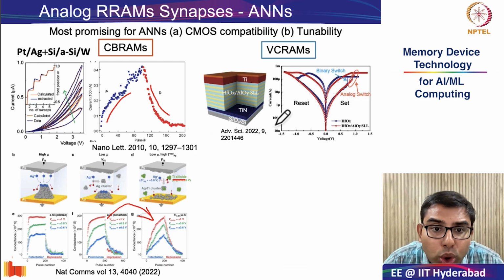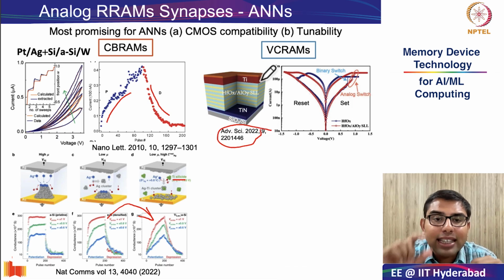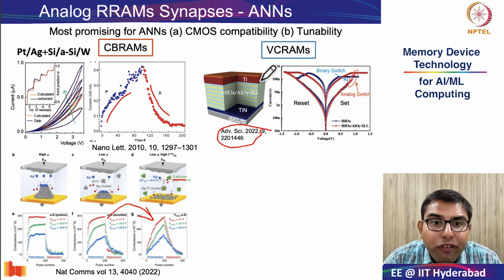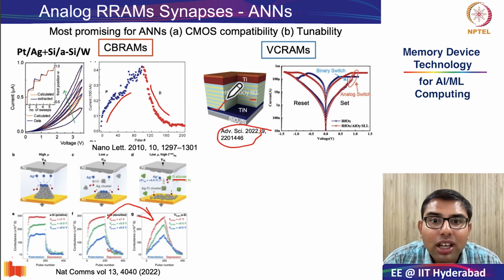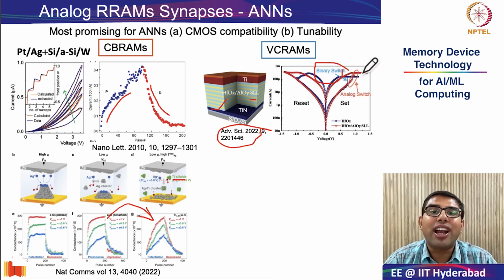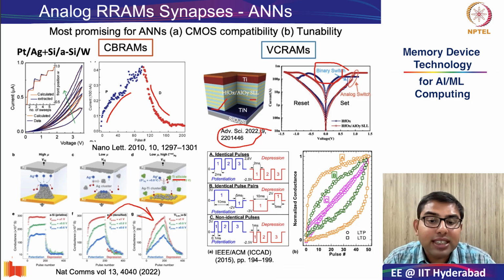And as has been shown in this very recent work, by tuning this functional layer, instead of having one bulk HfO2 or Al2O3, if you make a superlattice, which is nothing but alternating deposited oxides, as you can see in this particular image, you can change the binary switching or abrupt switching behavior into more gradual analog switching. Furthermore, the lowermost panel shows how using pulse engineering you can further refine the behavior of VCRAM synapses.